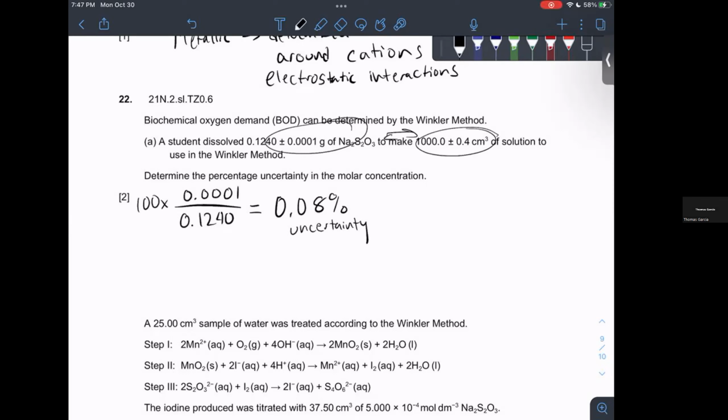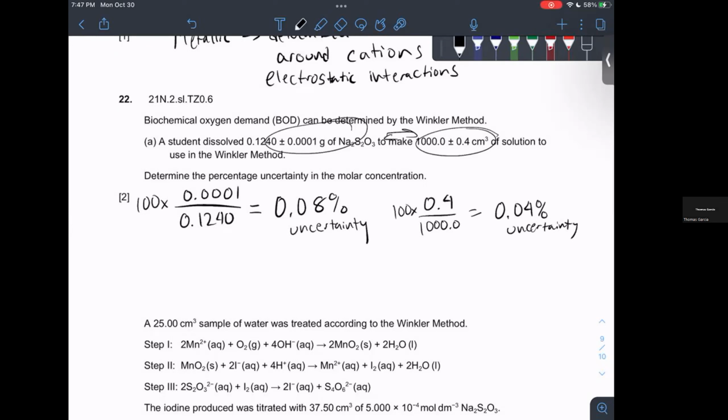Then we're going to take the other one, 0.4 divided by 1,000, and we get a 0.04% uncertainty. And again, I multiplied by 100 to get that percentage.